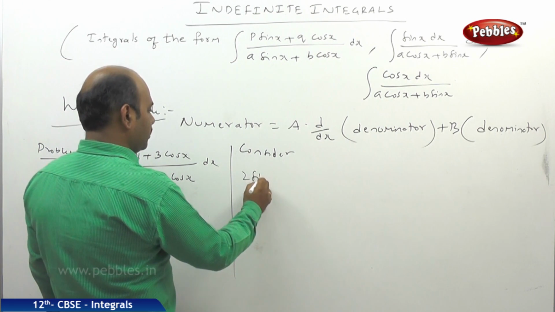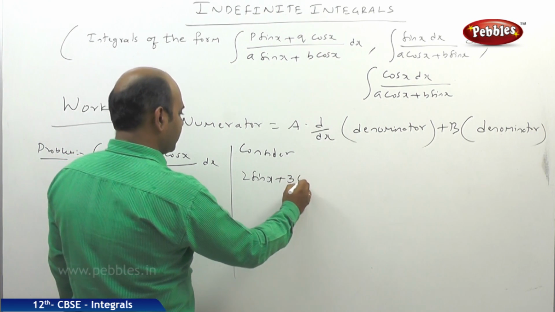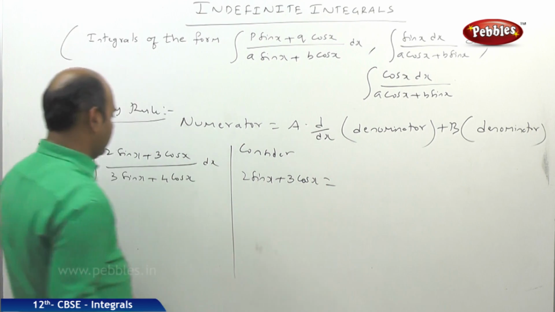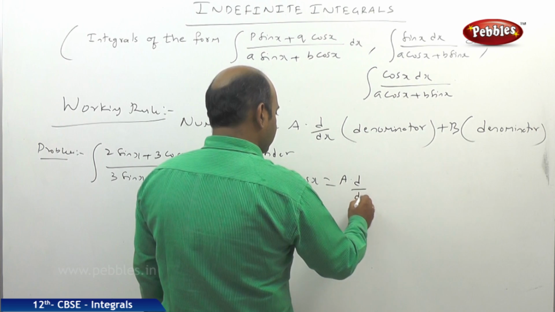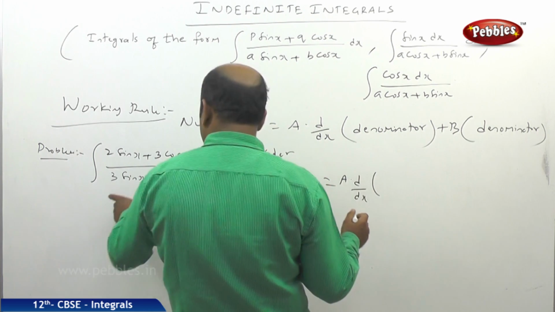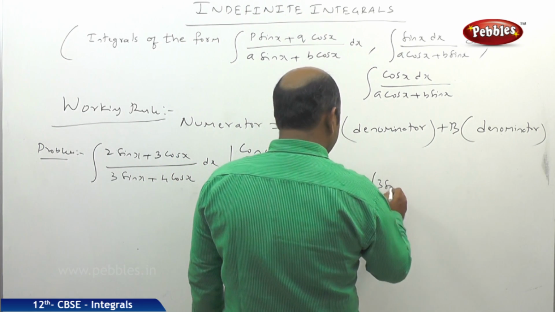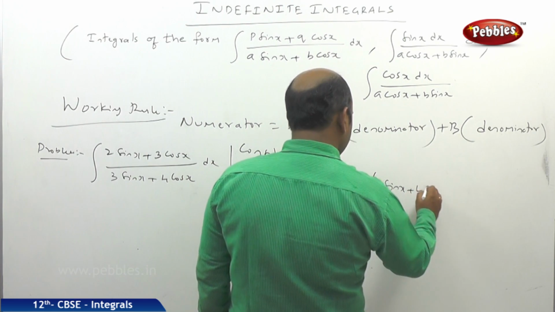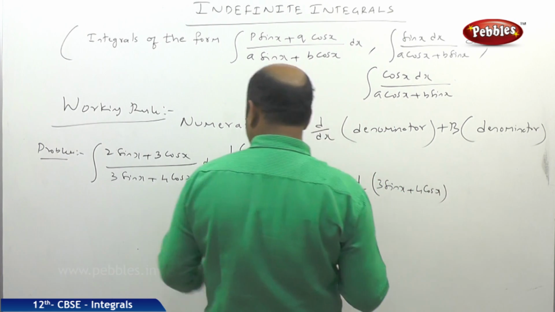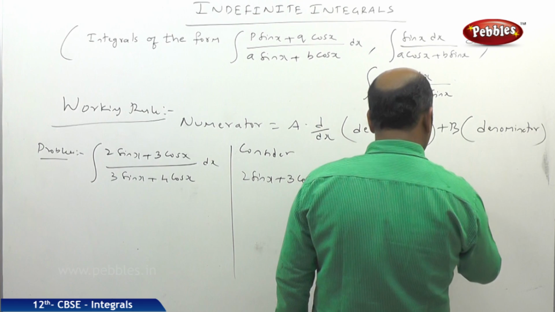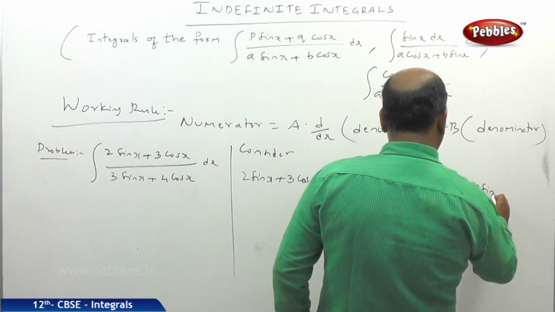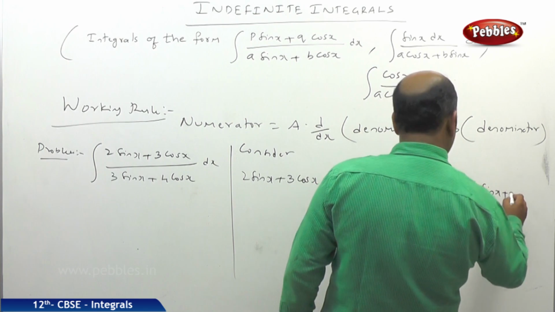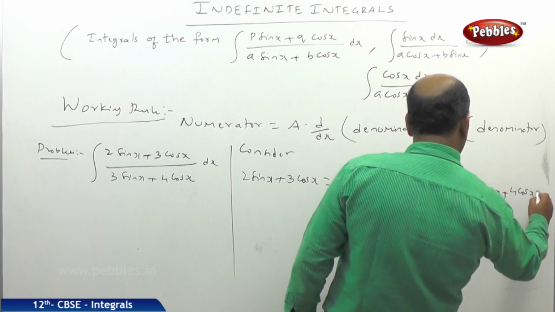Numerator means 2 sin x plus 3 cos x is equal to a into d by dx of denominator, denominator means 3 sin x plus 4 cos x, plus b into denominator. Denominator means what? 3 sin x plus 4 cos x.